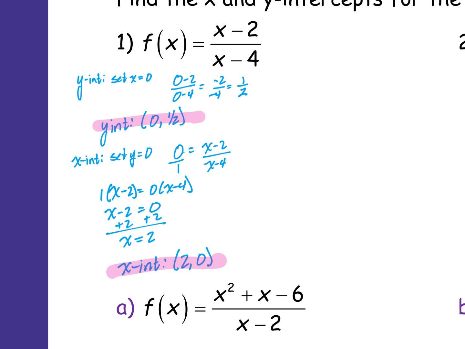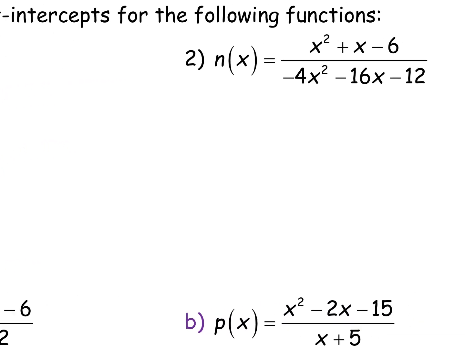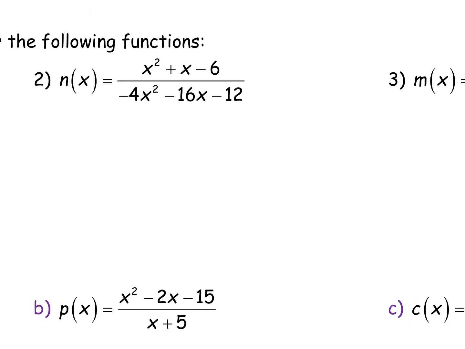And then if we go to number 2, we're going to do the same thing over again. I'm going to simplify first. Remember, our equation says in simplified form. So if I take a negative 4 out of here, I'm going to get x squared plus 4x plus 3. If I factor, I'm going to get x plus 3 and x minus 2.